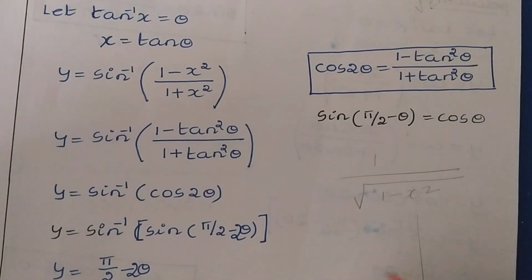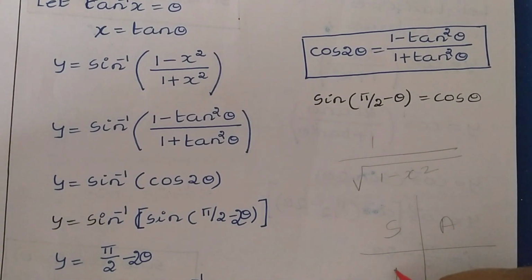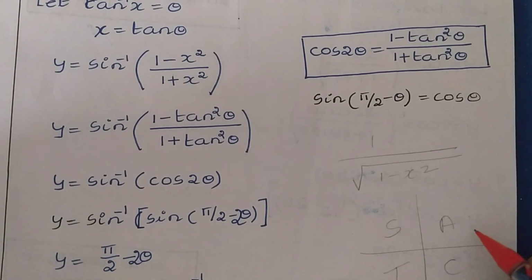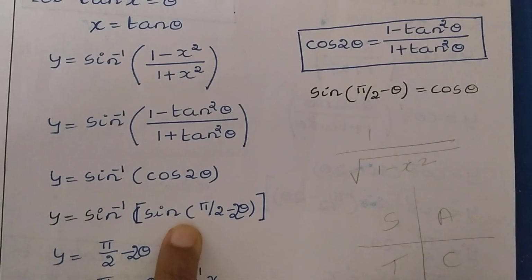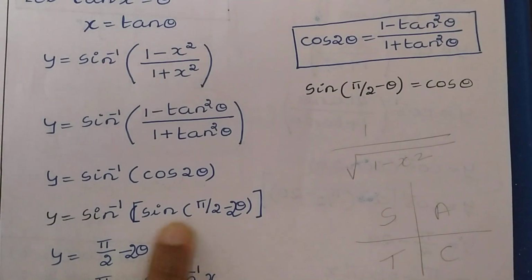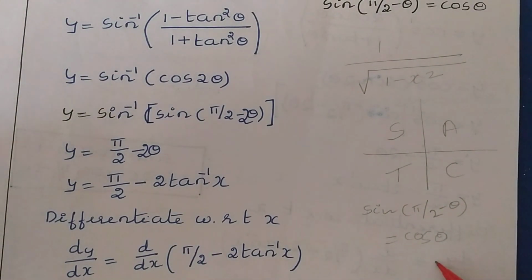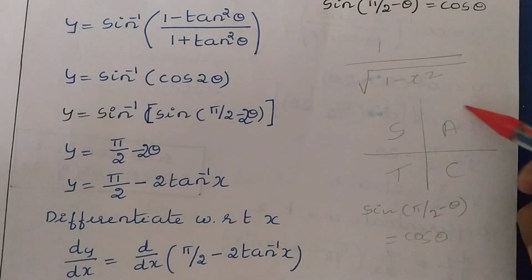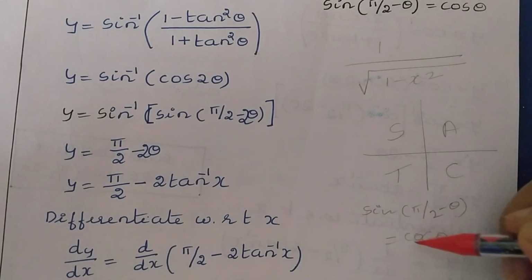In this case, you can observe, sine of (pi by 2 minus theta) is equivalent to cos theta. This you might already have studied in class 11. See, sine of (pi by 2 minus theta) means first quadrant, and here we have pi by 2, so you have to change sine to cos.